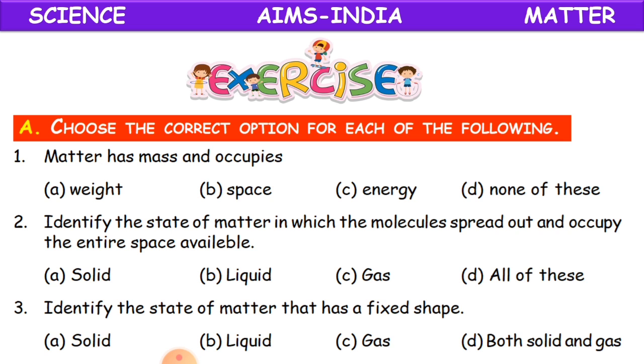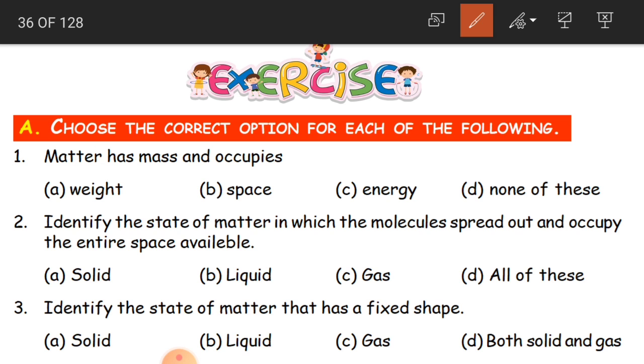Let us complete it. Okay, matter has mass and occupies. See the first question, this is multiple choice. Matter has mass and occupies what? Weight, space, energy, or none of these? It occupies space.